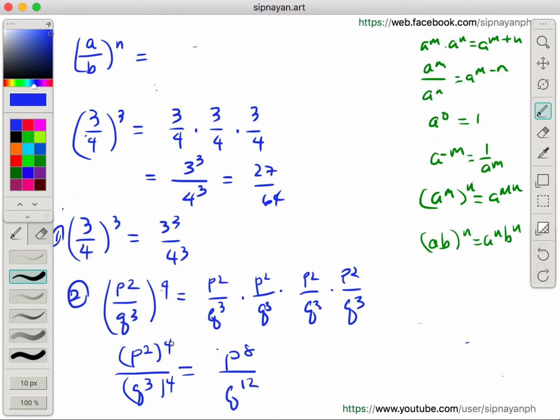Hihiwalayin ko silang dalawa, i-raise ko yung numerator sa same power, and i-raise ko rin yung denominator to the given power. Meaning, (a over b) raised to n can be written as a raised to n over b raised to n. Nakita niyo yung pagkakapareho? Pinag-iwalay natin siya. Dito magkasama sila na niraise sa power, pero dito, magkahiwalay sila na niraise sa n. So, yan yung another rule na dapat nyong i-memorize.